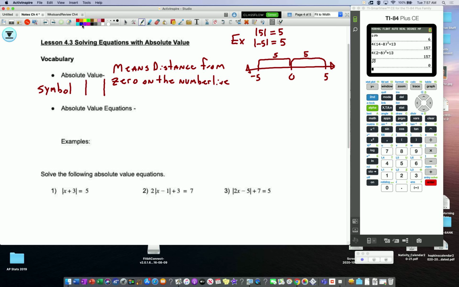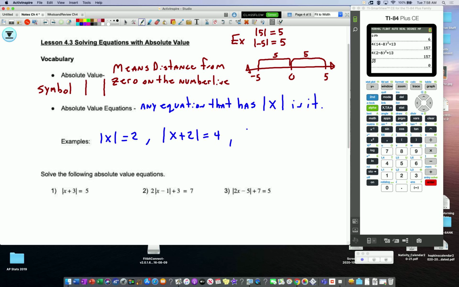An absolute value equation is any equation that has the absolute value of x in it. Some examples: the absolute value of x equals 2, or the absolute value of x plus 2 equals 4, or the absolute value of x plus 3 minus 7 equals 5. And I could keep going for a very long time.